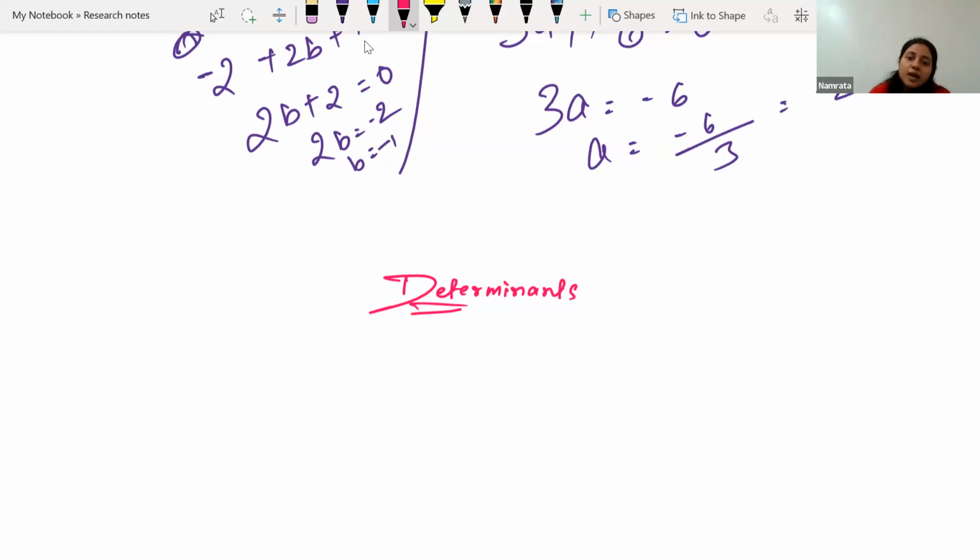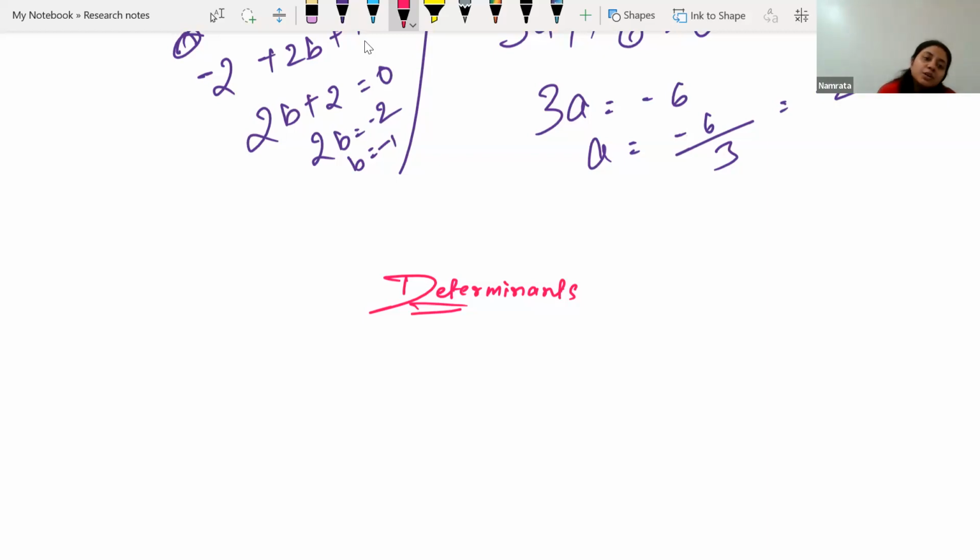We have already discussed what exactly a square matrix is, in the form of 2 cross 2, 3 cross 3, where the number of rows and the number of columns are the same. That's called a square matrix. So this determinant is associated with the square matrix.